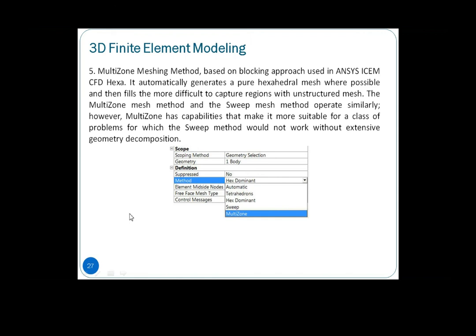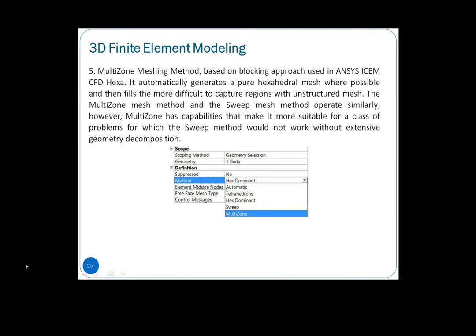If not possible, then it will use an unstructured mesh to fill whatever cannot be meshed with the hex type. So it basically helps us to decompose automatically.